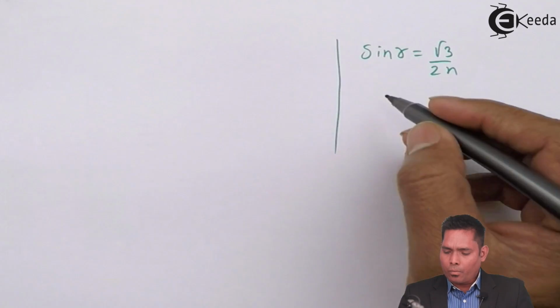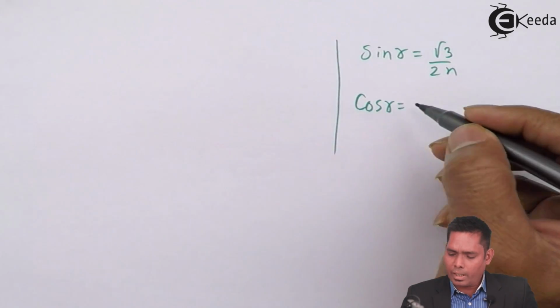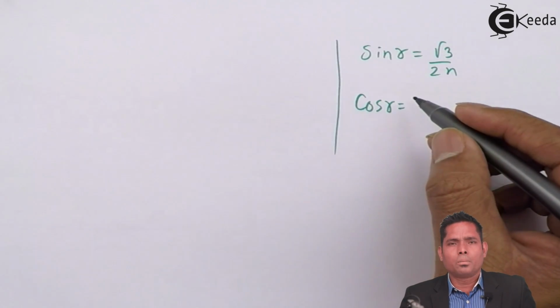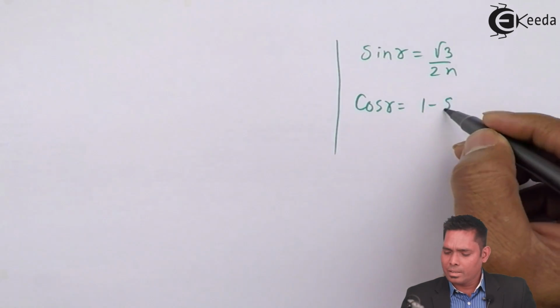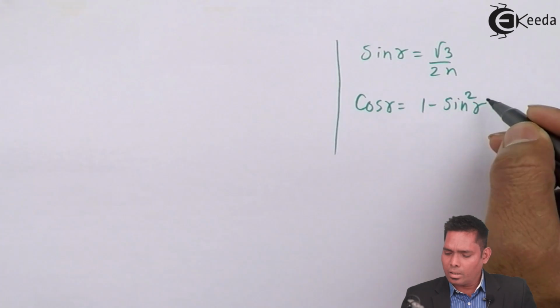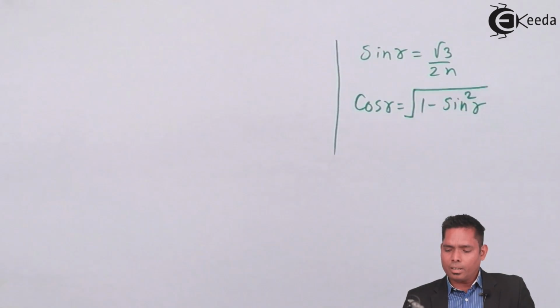Now what is cos r? Because we know that sine square plus cos square is 1, cos r is the square root of 1 minus sine square r. This is the formula.